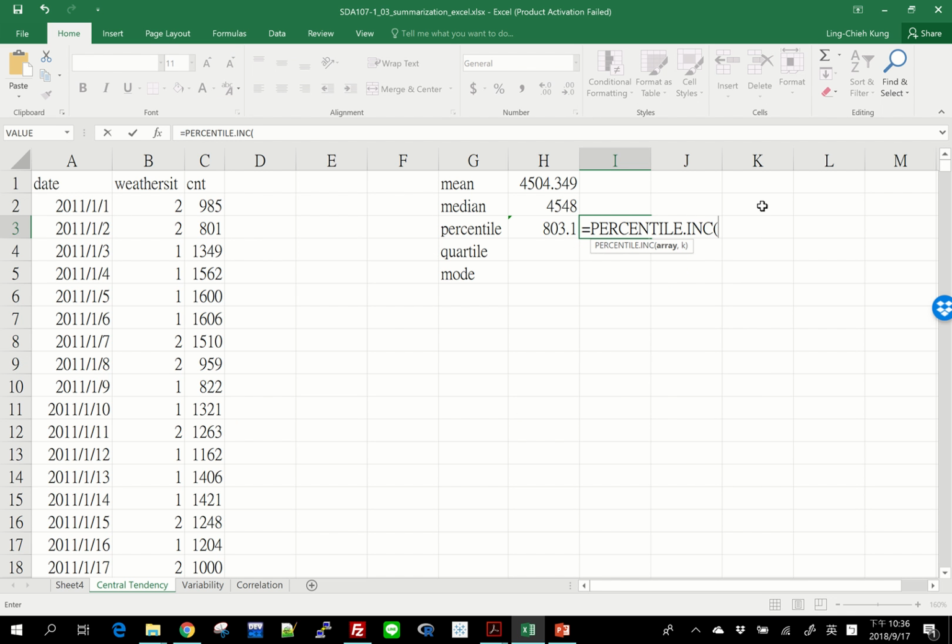Or if you look at percentile inclusive, you also select these 10 values, and then you also type 0.1. You can see that these values are somewhat different. If you have some free time, you can take a look at their manuals to see what exclusive and inclusive mean, and you're going to get an answer.